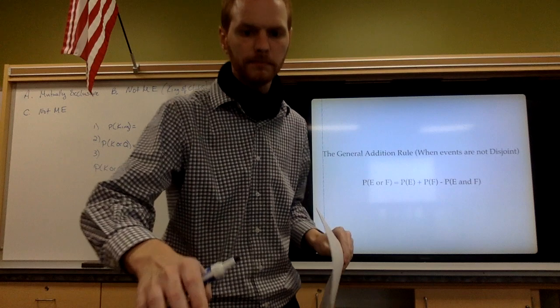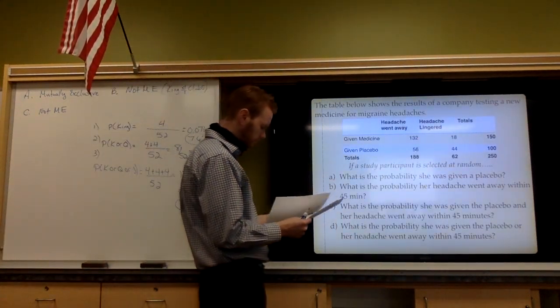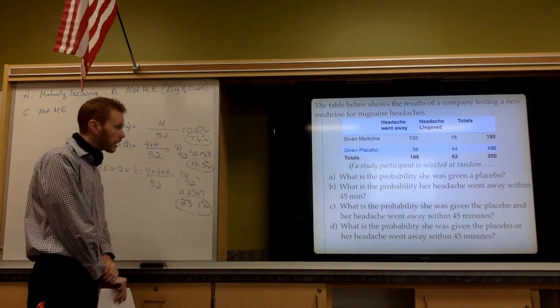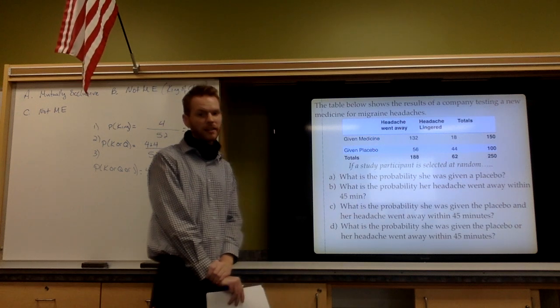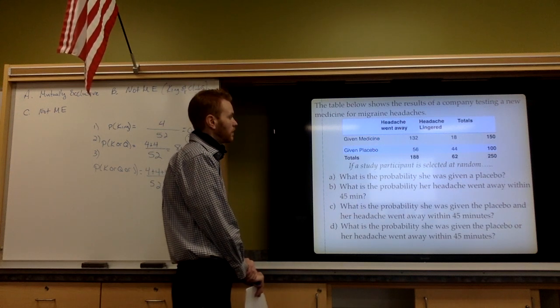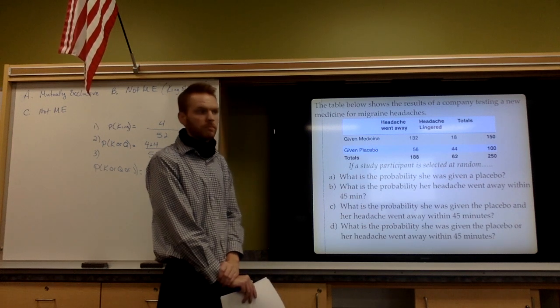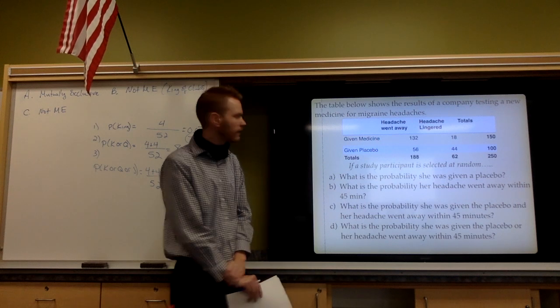Okay? So, let's take a look at this table here. This is the results of a company testing a medicine for migraine headaches. So, if you have migraine headaches, this is something that might pertain to you. Okay, so look at this. This is a frequency table, which just means it's telling you how many of something is happening.